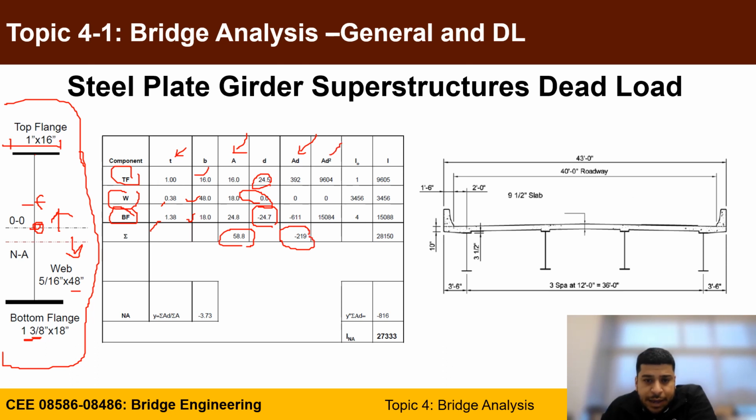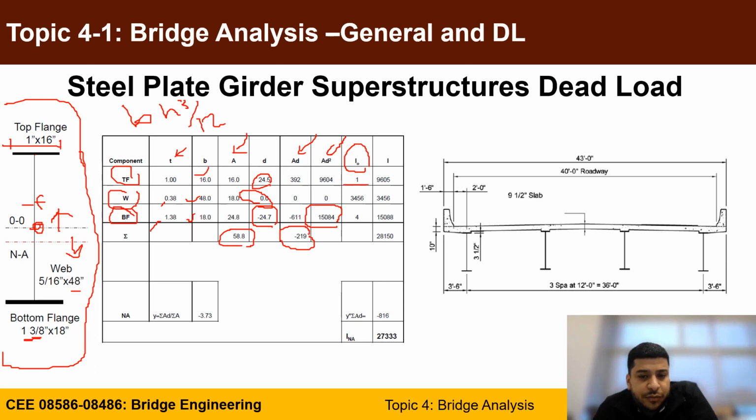Now we can calculate AD square, which helps you in calculating the inertia, and you also calculate the inertia of each plate around its own centroid, which is always bh cubed over 12. For the top flange, b is 16 and h is 1, so 1 to the power 3 over 12 gives approximately 1.